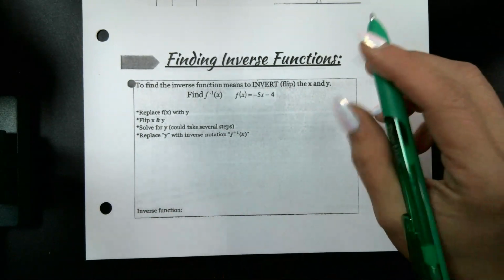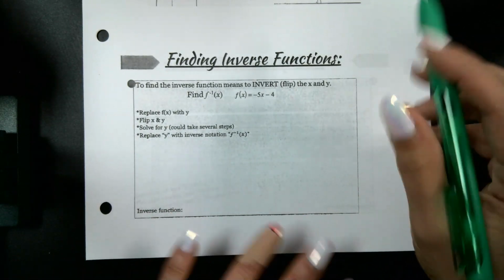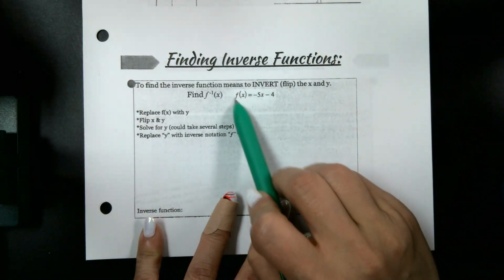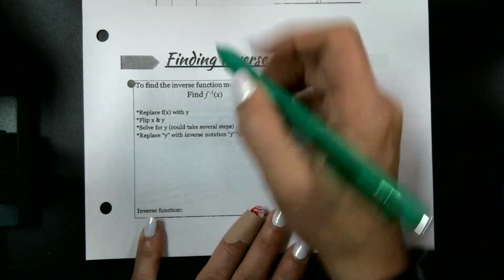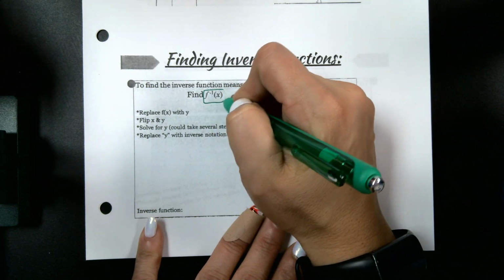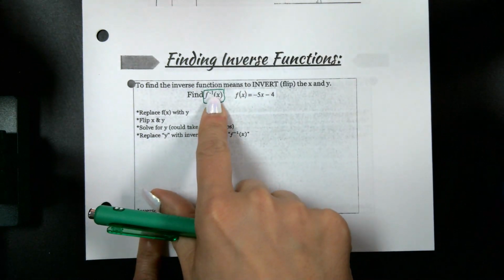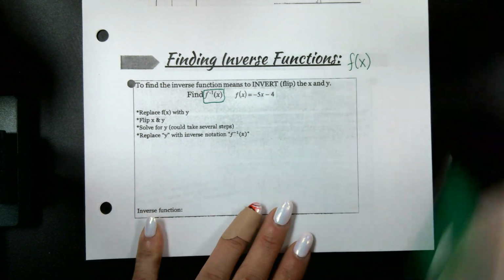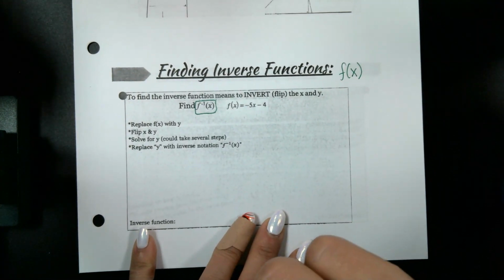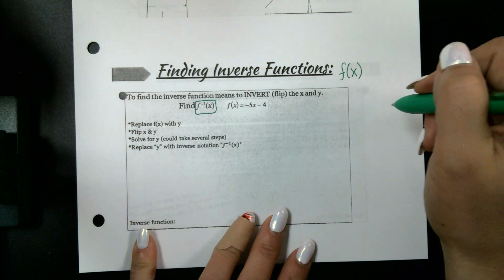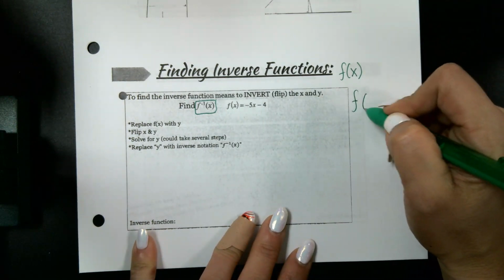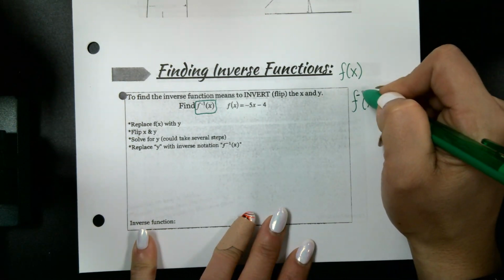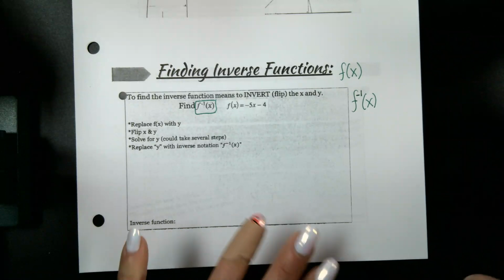Take a look down here at the bottom. Make sure you do this with me so that you understand how to do it. Here's the original function, and here's the notation for an inverse function. Earlier all of our functions looked like f of x. When you find its inverse, you write it as f of x, but you put a little exponent of -1 after that f.